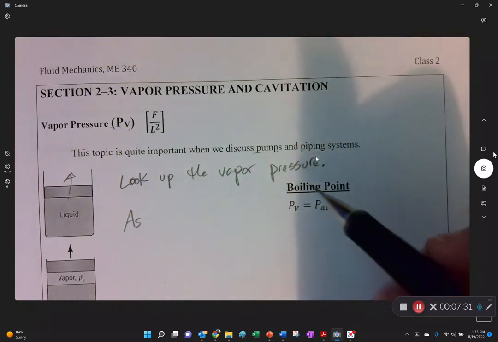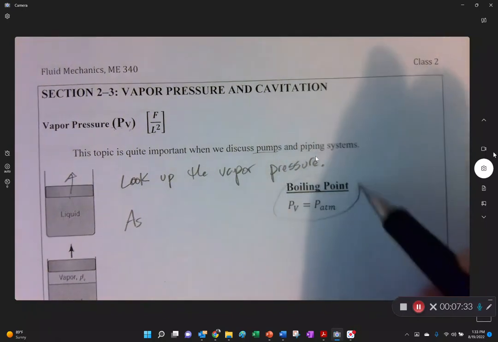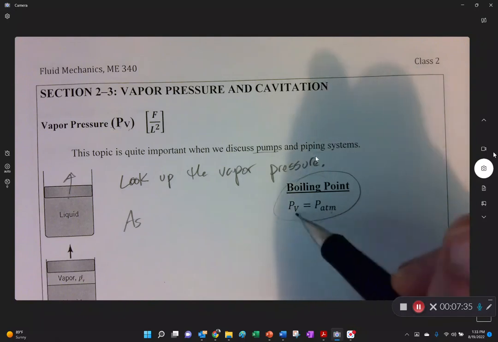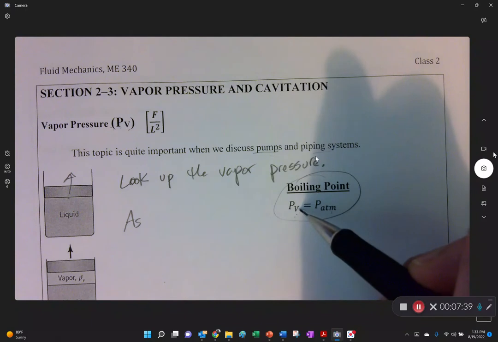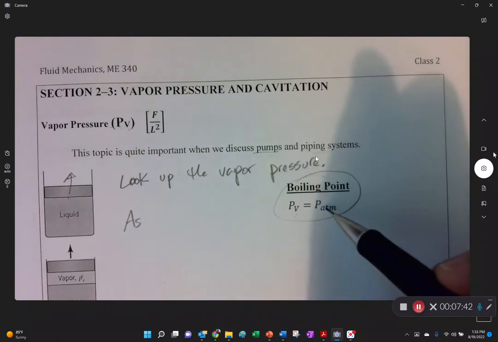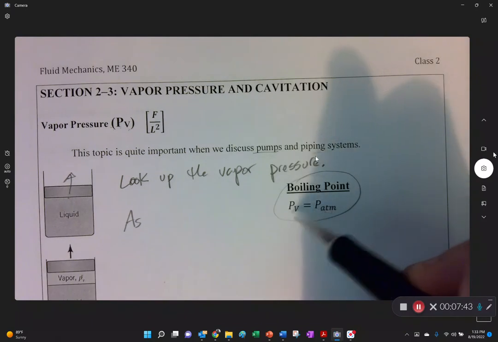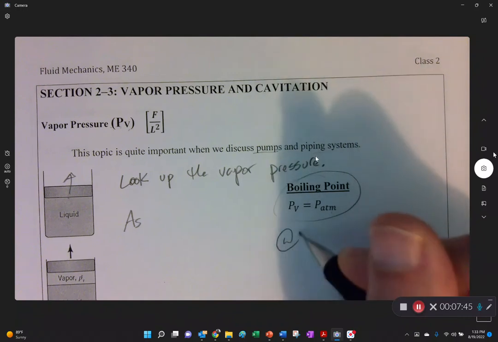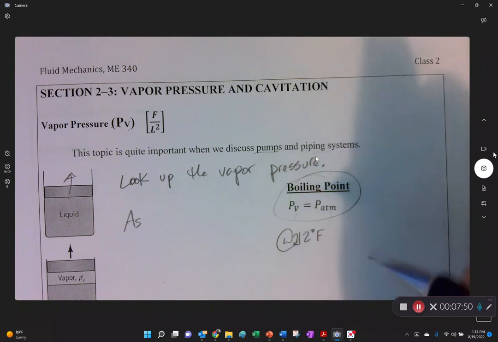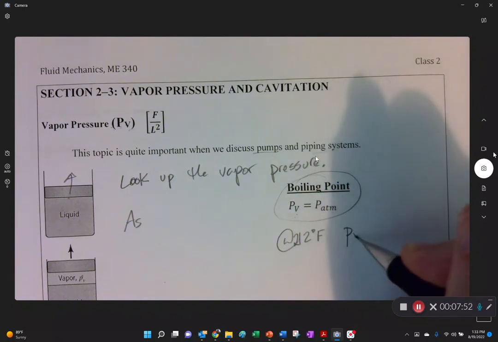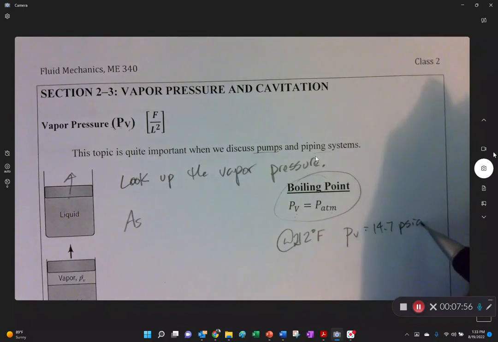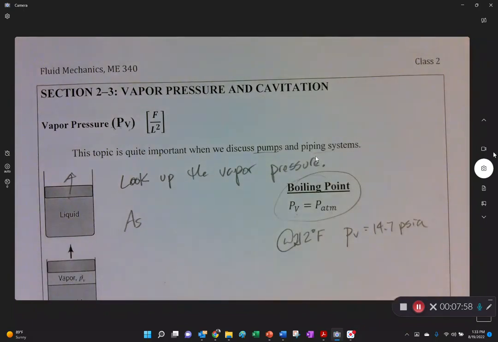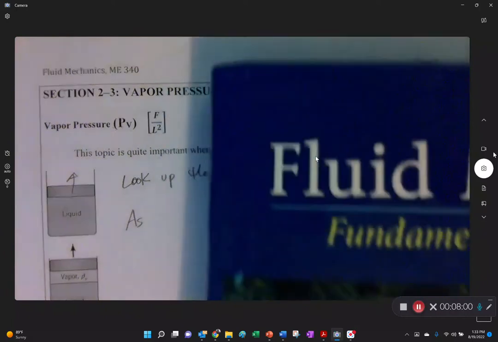And it's really sort of the boiling point at atmospheric, I guess maybe the boiling point is atmospheric. I'm sorry, I should have said that, right? So the vapor pressure at the boiling point, like at 212 degrees Fahrenheit, that Pv is equal to 14.7 psi.